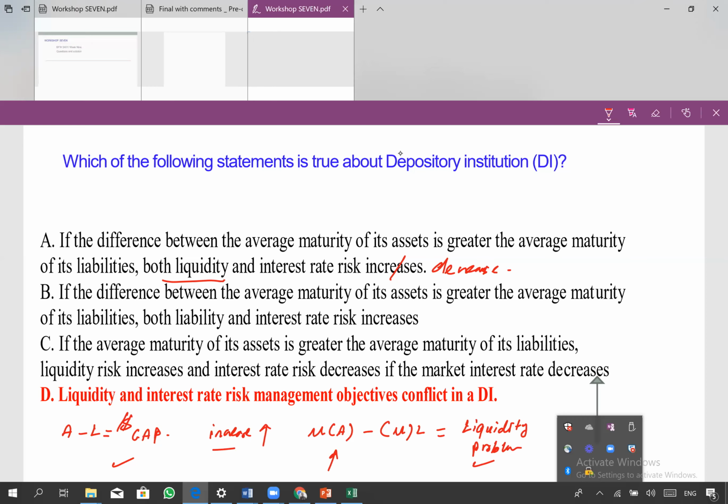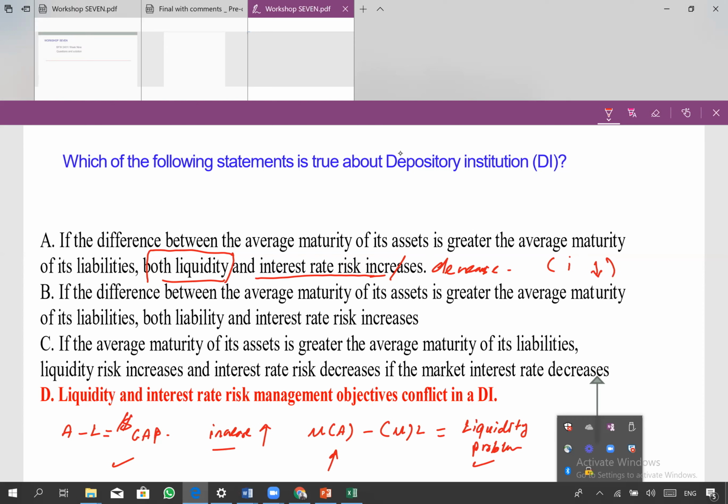So the statement is not true. We understand this part is right, but the interest rate risk increases only if the rate decreases. So the statement is actually not complete and therefore not correct.